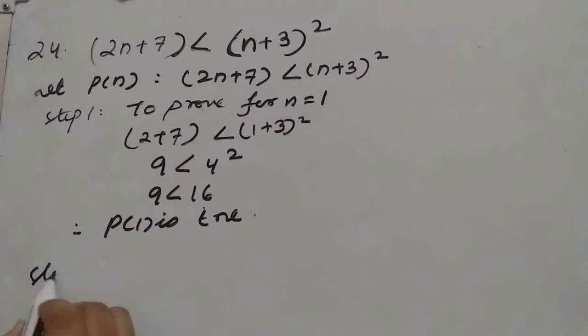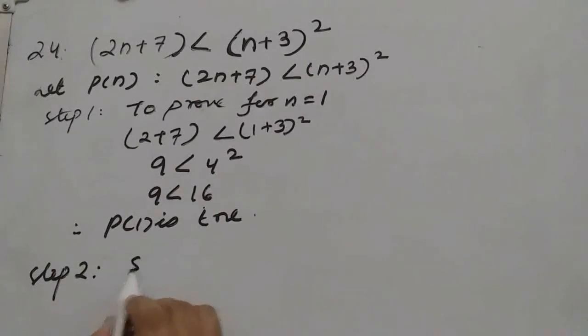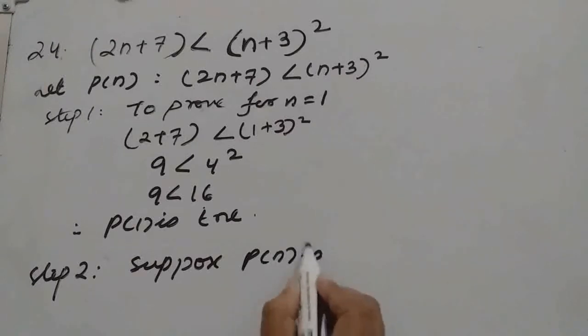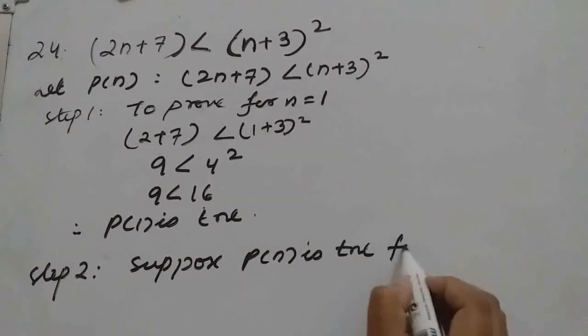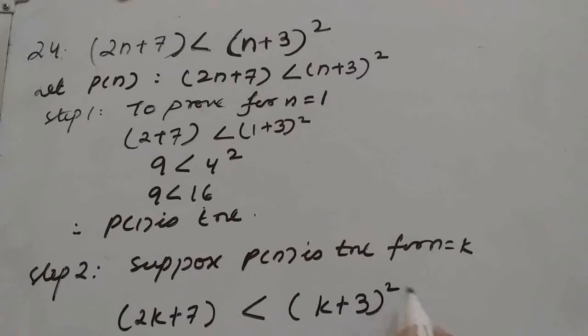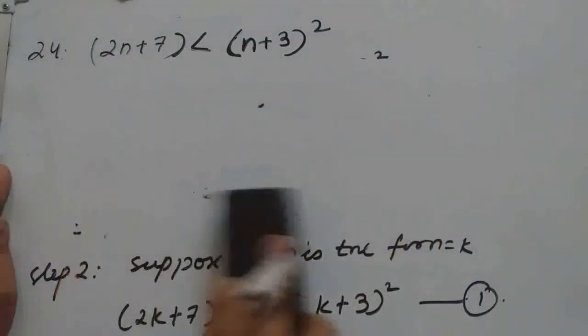Now step 2. Suppose p of n is true for n equal to k, means 2k plus 7 is less than k plus 3 whole square. Equation 1. Now step 3.